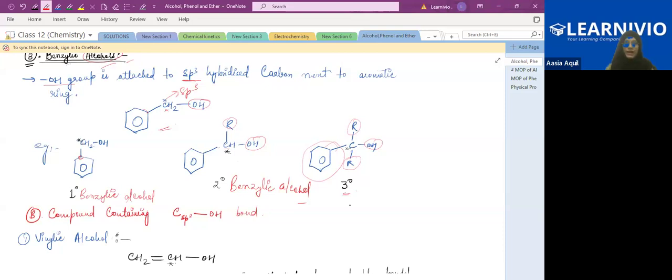All these three are categorized in the category where the hydroxyl group is attached to an sp3 hybridized carbon. Now we will see the compounds which contain an sp2 hybridized carbon.